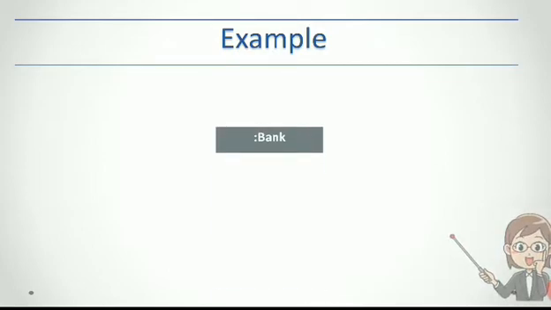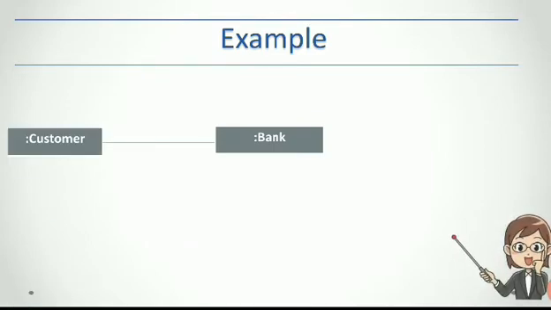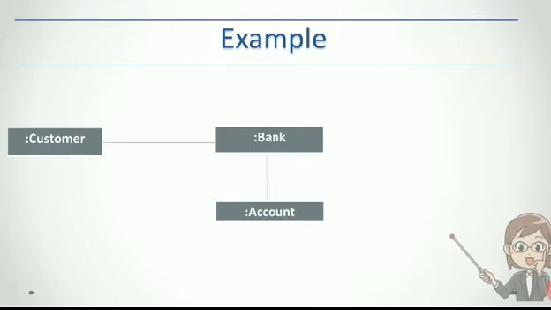This information might be available with the bank class. So consider an example of the information that we need to determine the account balance. The bank class is responsible for providing the account number.